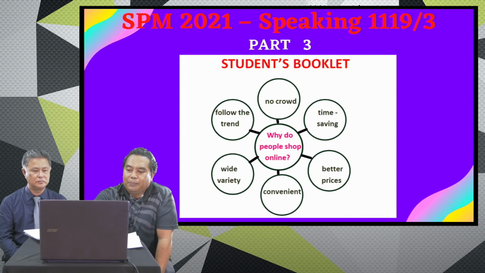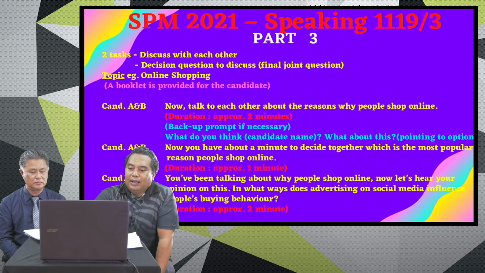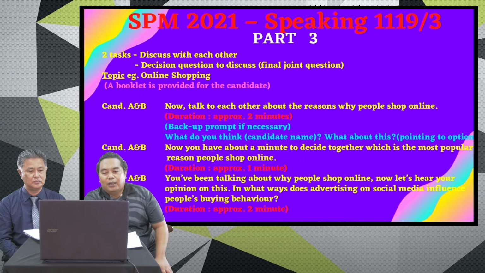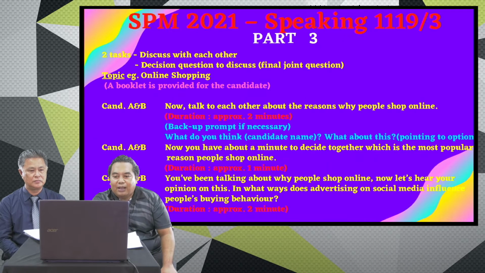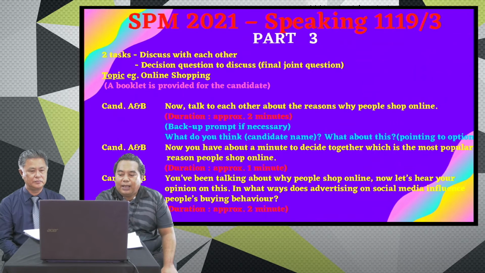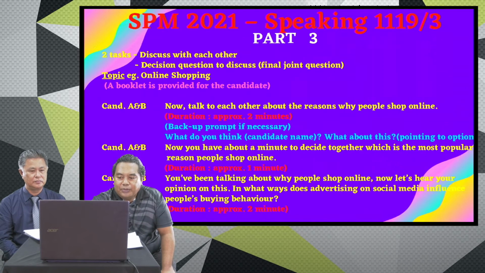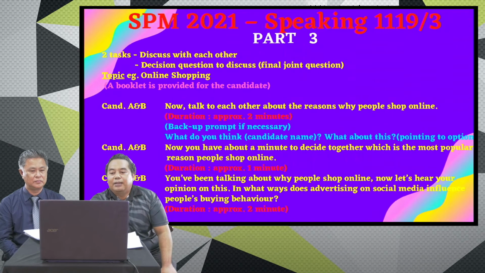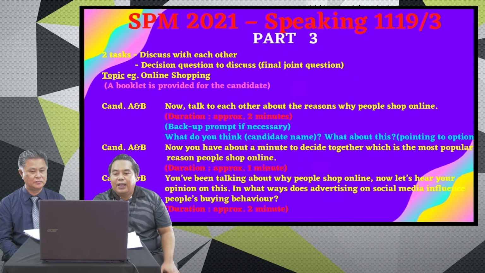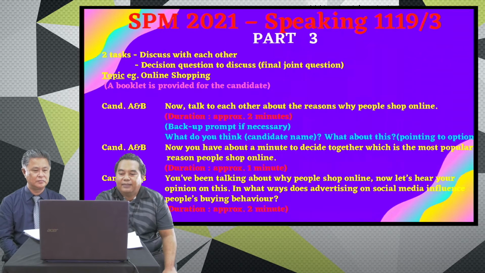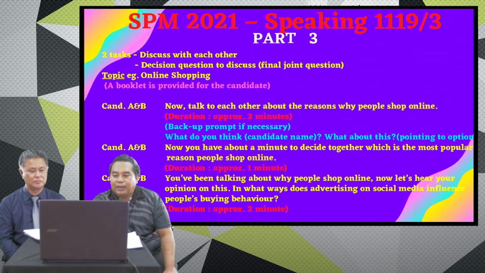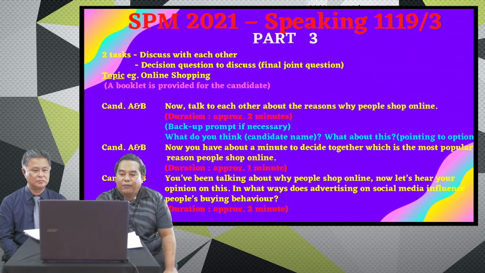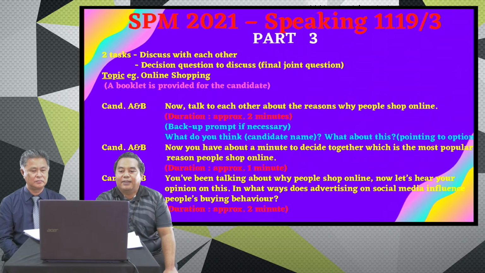They will have to pick one as a group. So they will discuss a topic, an option, and come together with an answer. They will pick one answer from all the 6 answers.